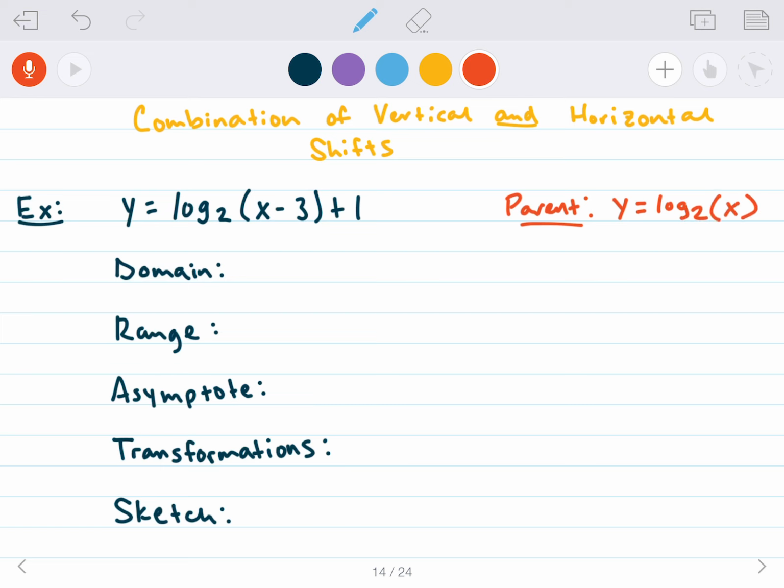Okay, so the transformations here: we can see inside the argument -3. Inside the argument is opposite what you think. We're going to be shifting to the right 3 units. We also have a +1 after that. So that's telling us we're going to move this thing up 1 unit.